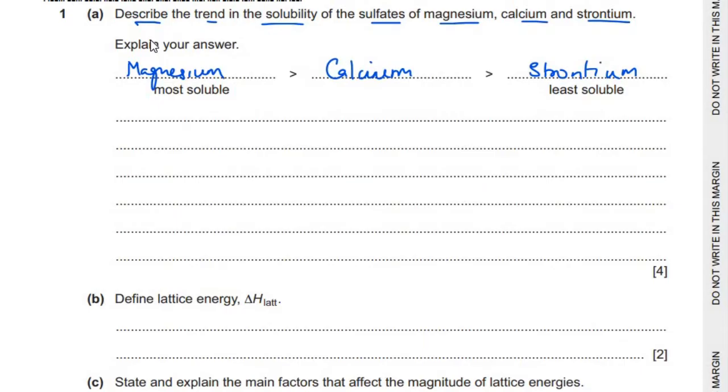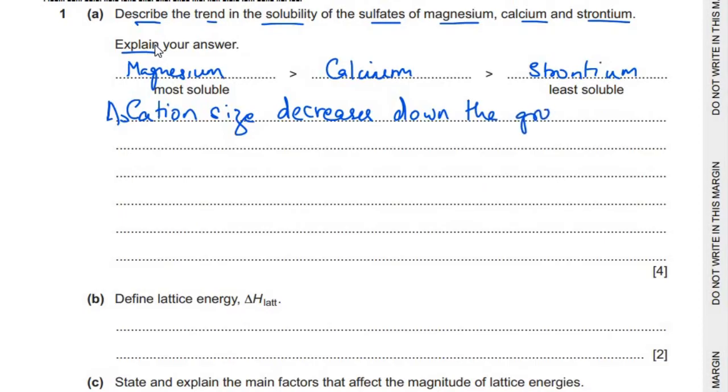Now describe, that's the description, but explain. Explain means give reason. Now if we talk about reason, we know that the cation size increases down the group. So starting with that, we can write that as cation size increases down the group 2.